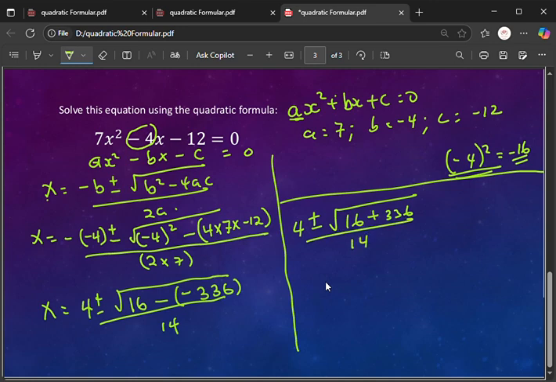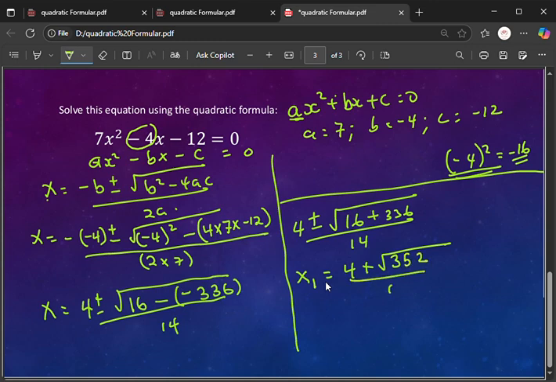Okay, now the first value of x, we write 4, we take one of the signs, we can take a plus, and then you can put this in a calculator. 16 plus 336, we get 352. Okay, so root 352 over 14.